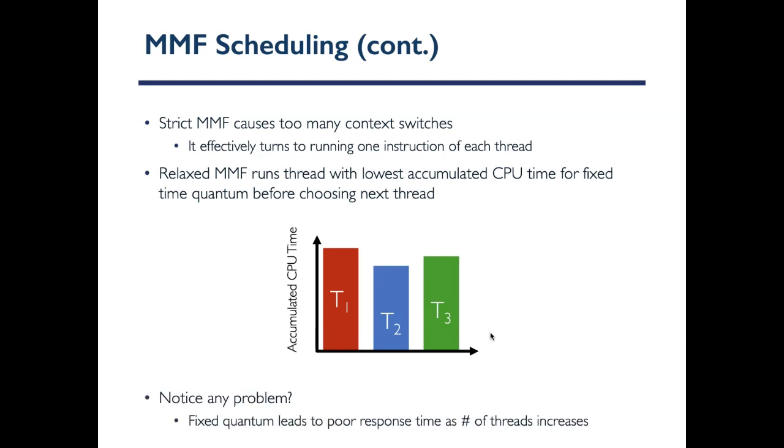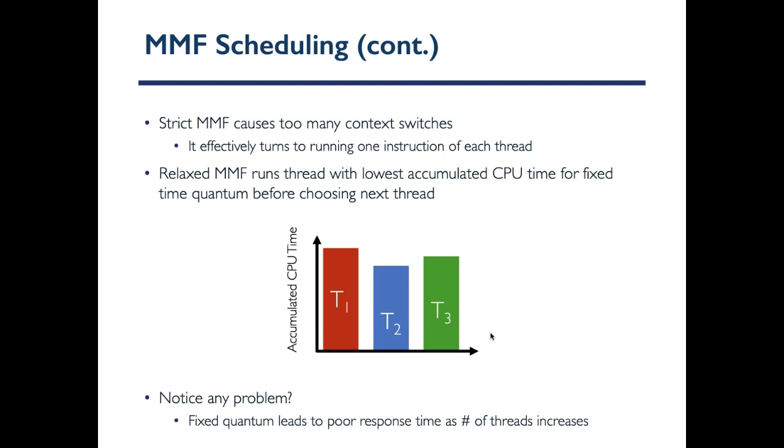So the problem with this, and any kind of fairness actually, is response time again. If you have a task that needs attention right away, let's say an audio or video application that needs to process the next frame, otherwise you have lag, then this scheduling policy does not care about that, right?